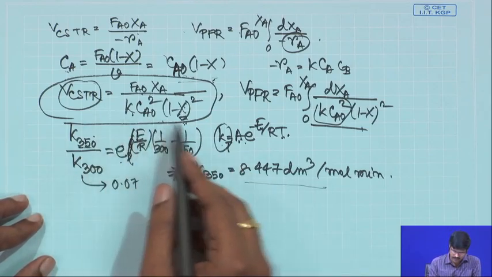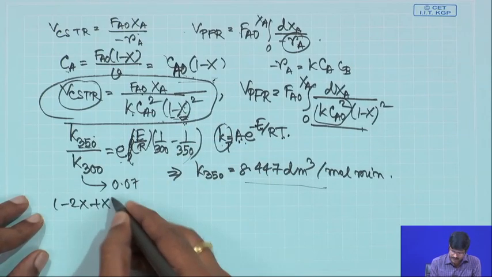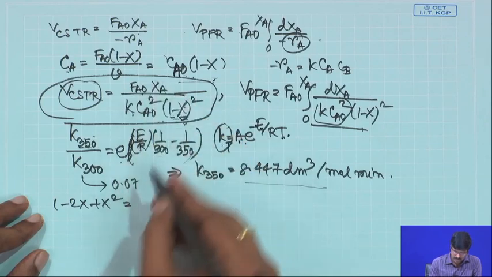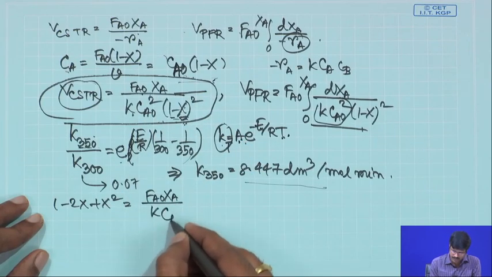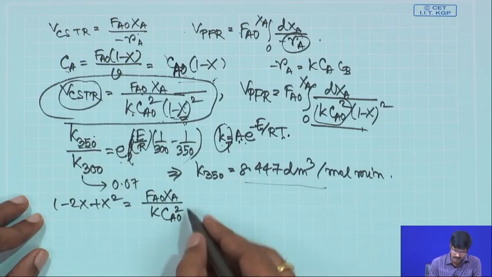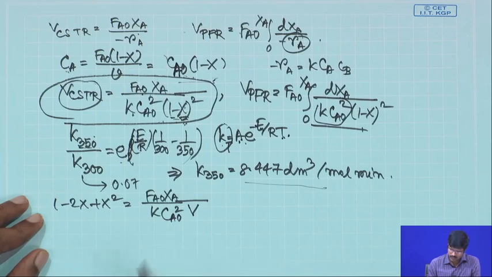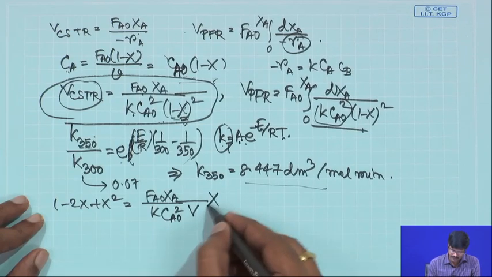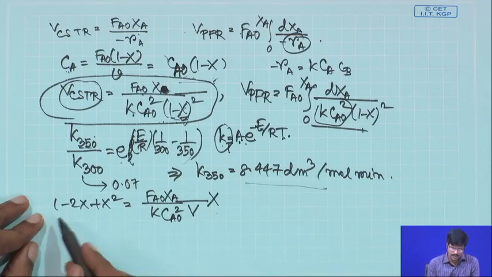CSTR at 350, this 1 minus x whole square is 1 minus 2x plus x square, this equals to Fa0 into xa divided by k Ca0 square into v, into x.